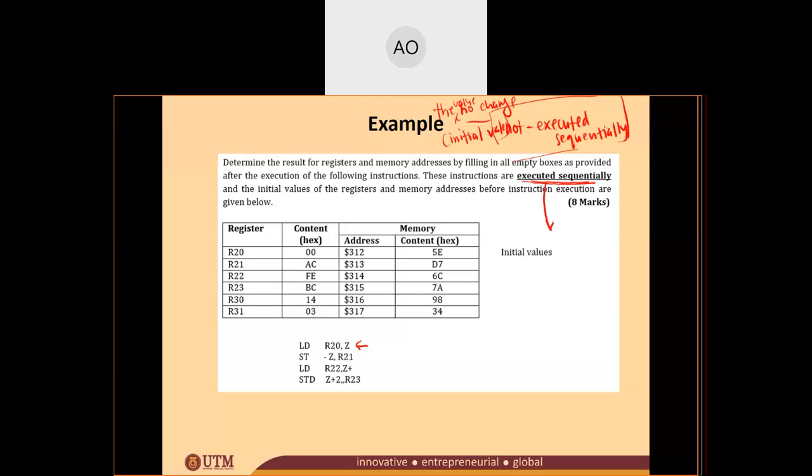Okay, let's look at this question. So you have registers. This is the value inside your registers, your GPR with values, and this is your memory, your RAM.